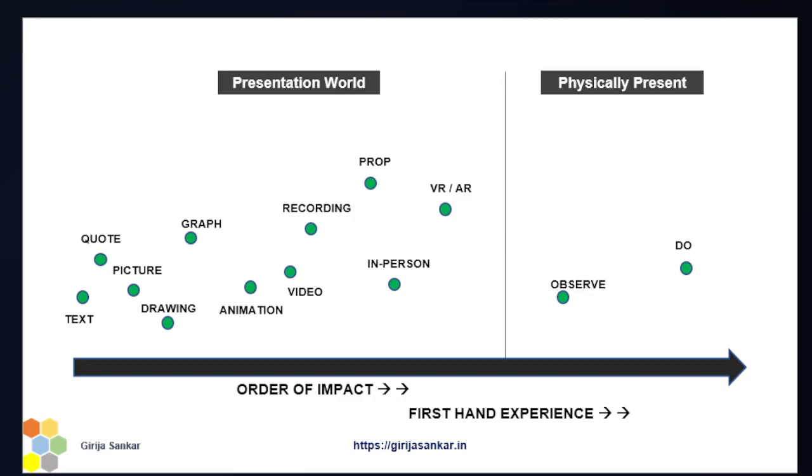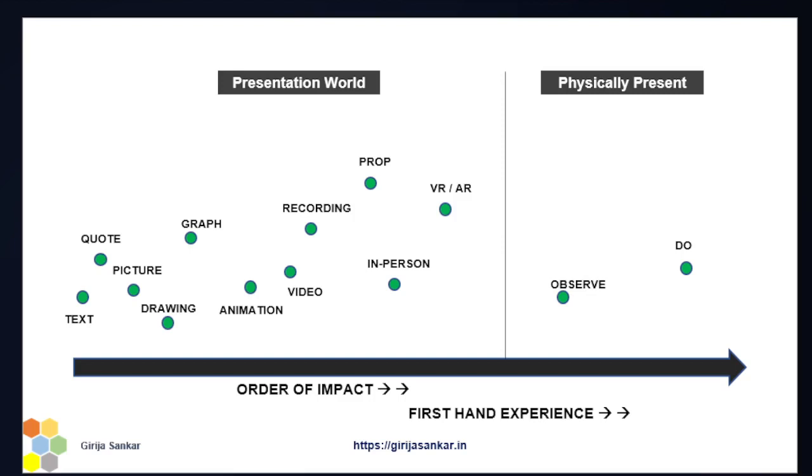For example, in a presentation, if you simply write a paragraph of text and you expect the audience to go through that text and understand on their own, I don't think that is going to work. I think we have seen this enough during our presentations.